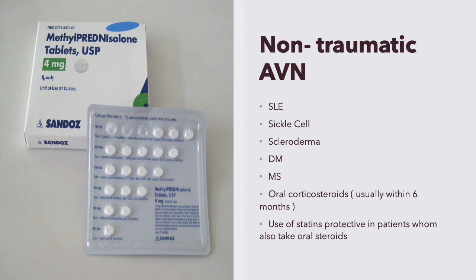This usually occurs, if it's going to occur, within the first 6 months after consumption. Interestingly, the use of statins seems to be protective in patients who also take oral steroids with regards to avoiding the development of avascular necrosis.